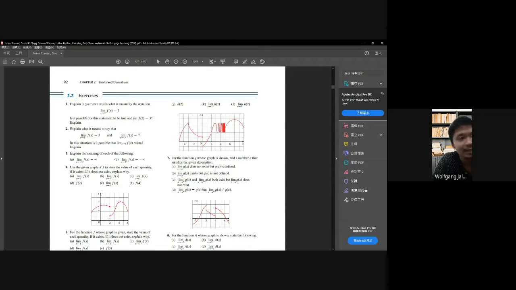Anybody? An answer? Any idea? Any clue? What number, sir? Yes, the answer. When the limit x goes to 2.